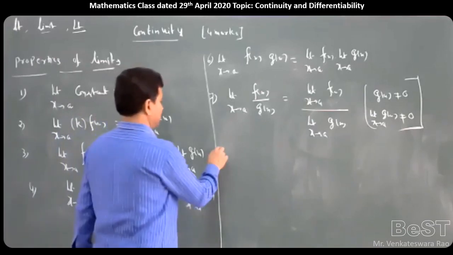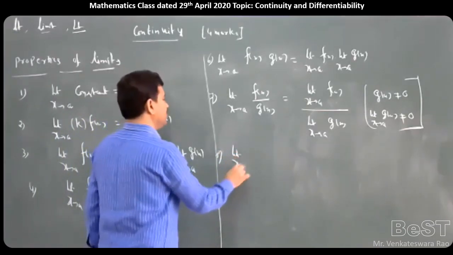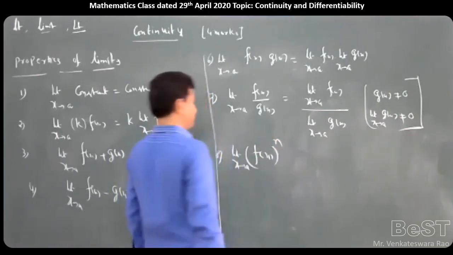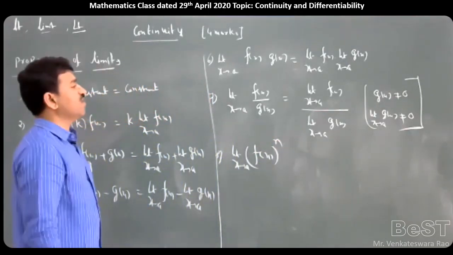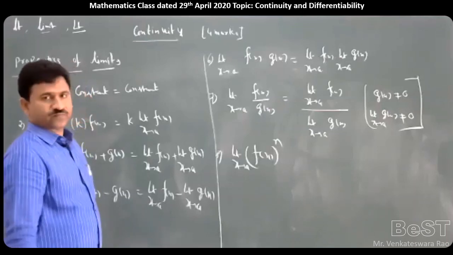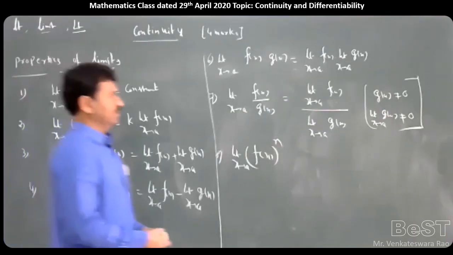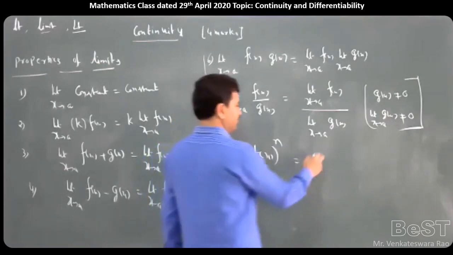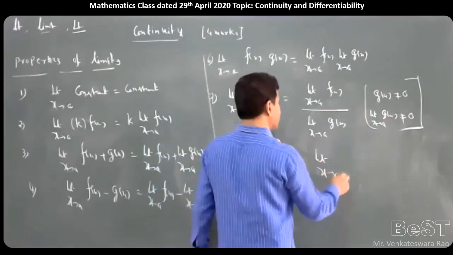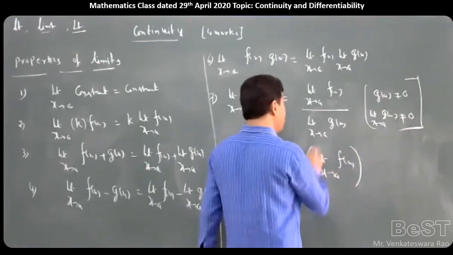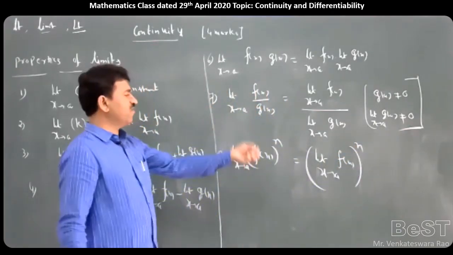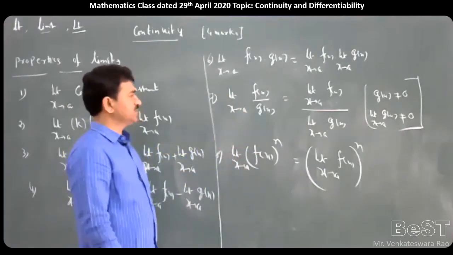Next one. Limit x tends to a, f of x whole power n. Here we can apply the limit for the function: limit x tends to a, f of x, whole power n.